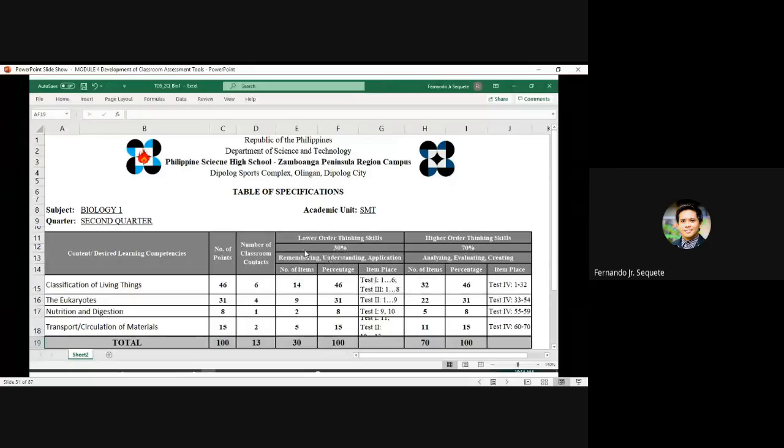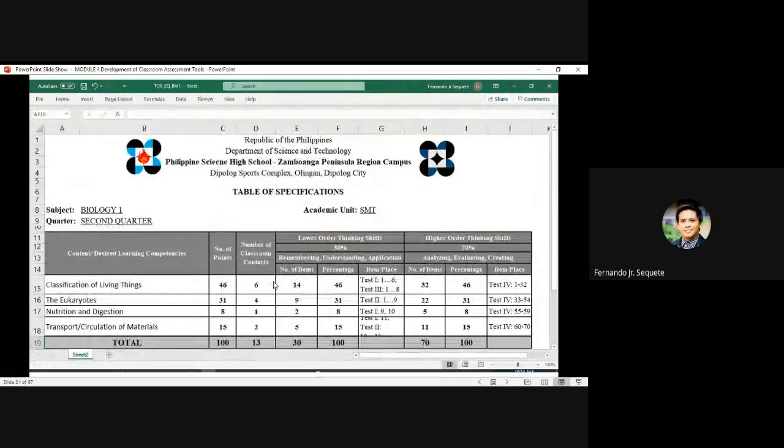Please take note here that in PhilSci, we wanted to create students na maging scientist, engineer, doctors and physicists and so on. That is why expected sa kanila mas marami talagang questions about higher order thinking skills. That is 70%.